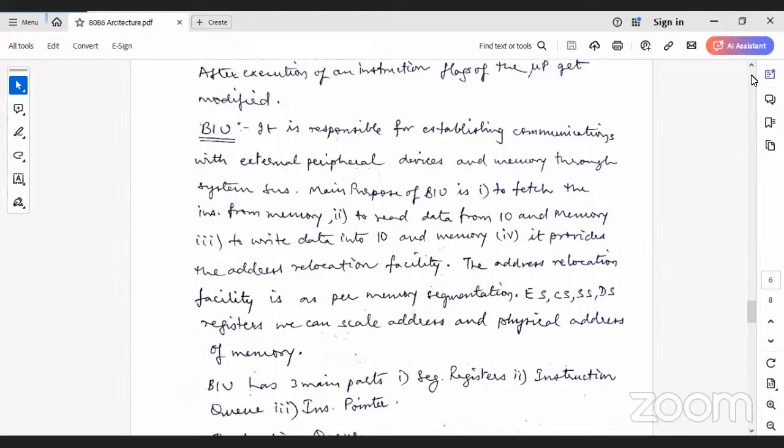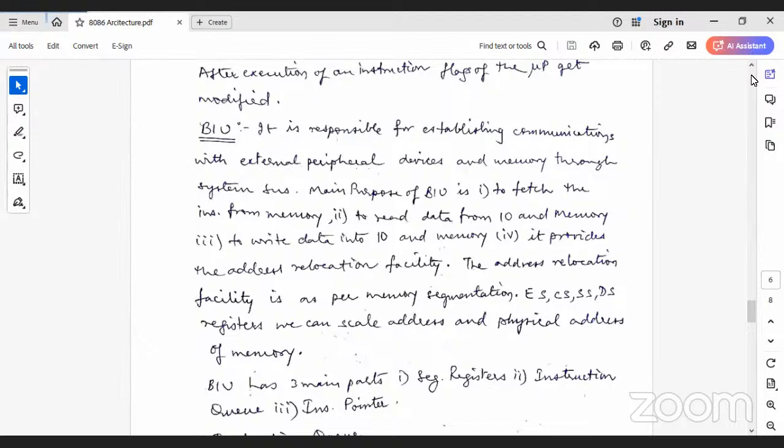So the purpose of BIU is to fetch the instruction from memory. Now, fetching the instruction means it is reading data from IO devices as well as from the memory. Then if some program output is to be seen, it will do the writing into the IO or memory devices.